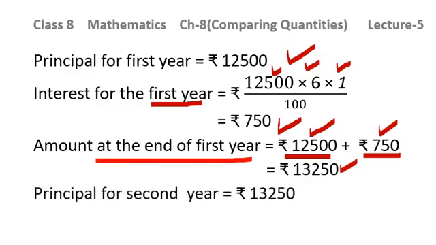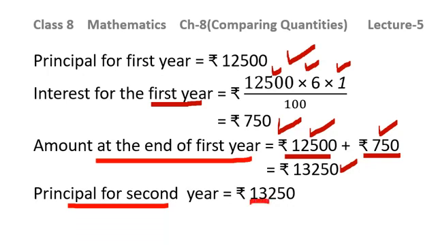Now, we are supposed to calculate the compound interest for the 2 years. As I told you, the amount of the previous year will be the principal for the next year in case of compound interest. So what will be the principal for the second year?